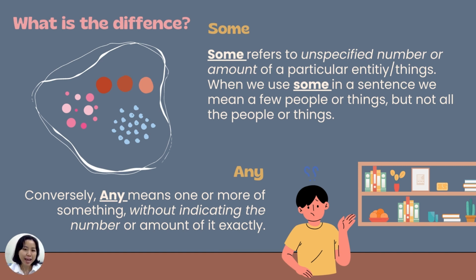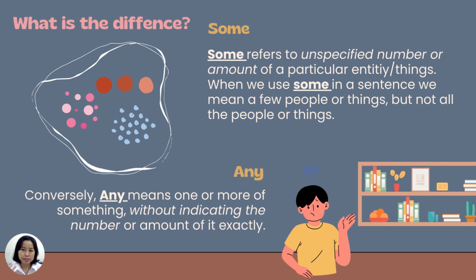Now, what about any? Conversely, any means one or more of something without indicating the number or amount of it exactly.